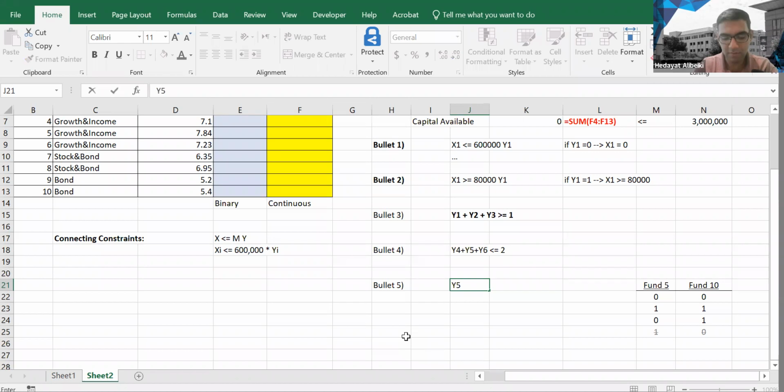Isn't it this? y5 less than or equal to y10. y10 cannot be less than y5 if that's the necessary condition. Right? And this is, by the way, called a conditional constraint. Again, make sure to check the video.